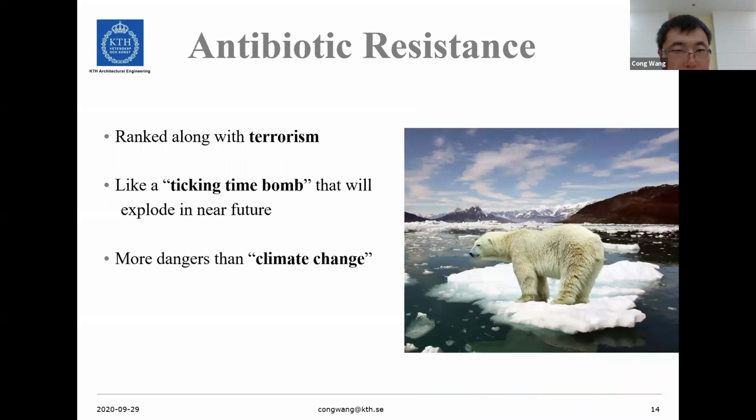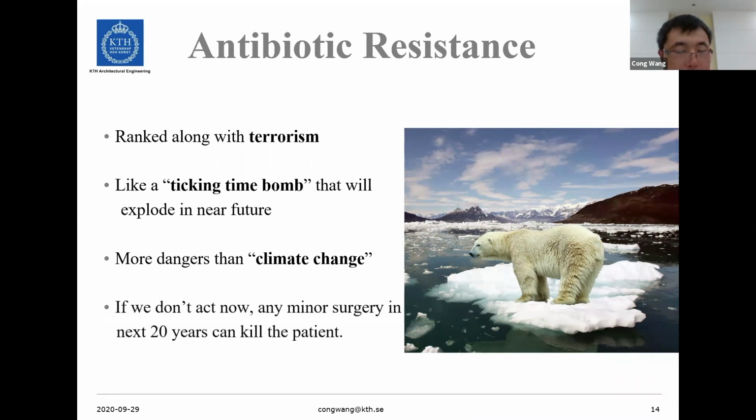Some people believe that the danger posed by the surgical site infections is more severe than climate change. And people expect that if we don't act now, any major surgery in the next 20 years can kill the patient. Therefore, our reliance on antibiotics must be stopped.